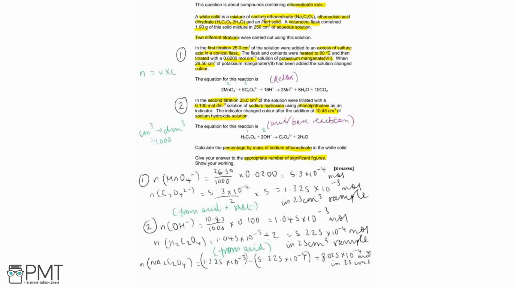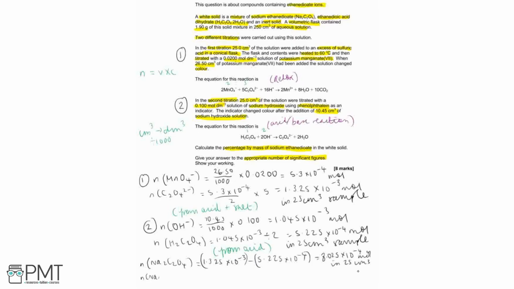But originally we made our solution to 250 centimetres cubed. So now we need to work backwards to work out what our moles would be in 250 centimetres cubed. Therefore, we're going to have 10 times the amount of our moles in 250 centimetres cubed.